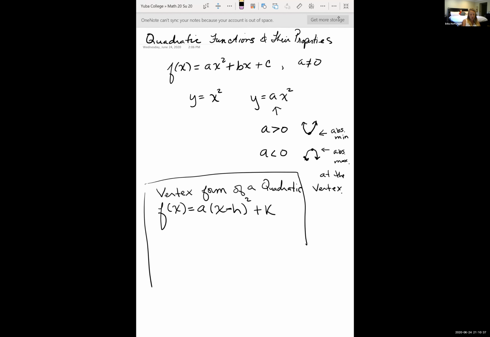So our vertex that was at 0, 0, shifted to the right h units, 0 plus h, is h. And then the plus k outside shifts my parabola upwards k units, so my vertex that was at 0, 0 is now at h, k. So this is our vertex.